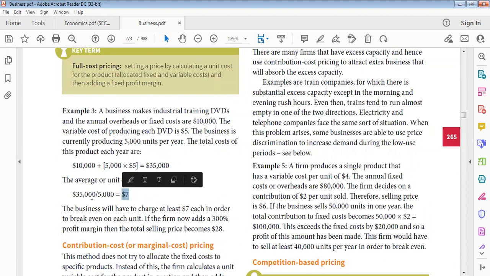This $7 is the cost per unit, because this is my total cost, which includes the fixed cost and the variable cost, divided by the number of units you will produce. So you get $7, which is the cost per bag or per unit.